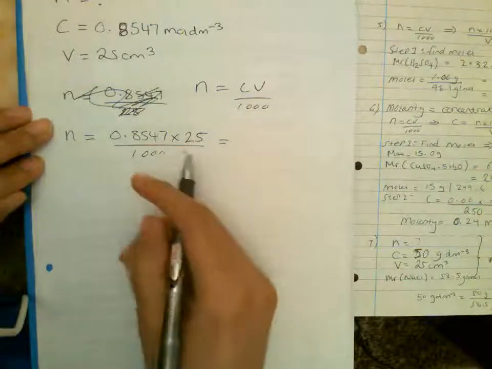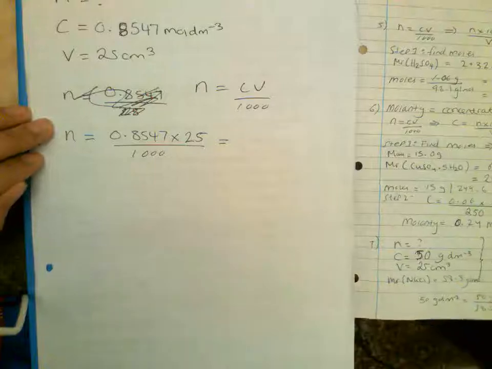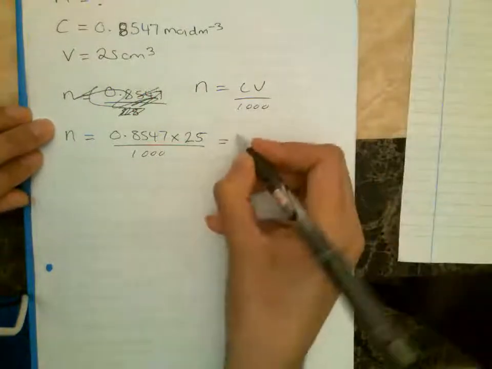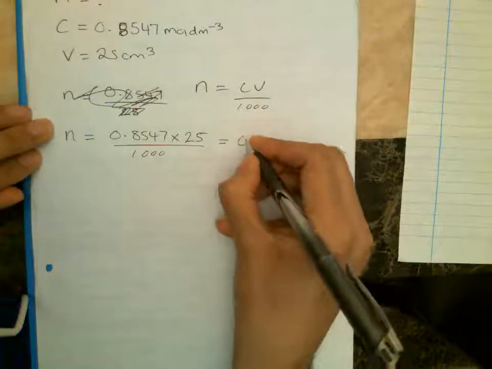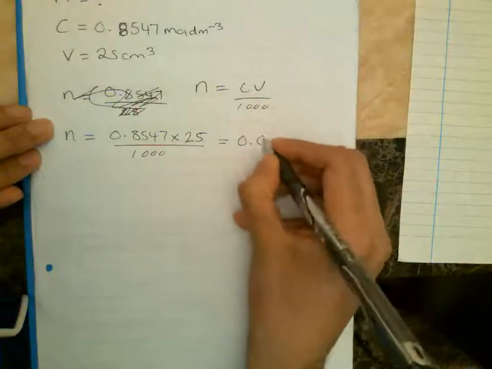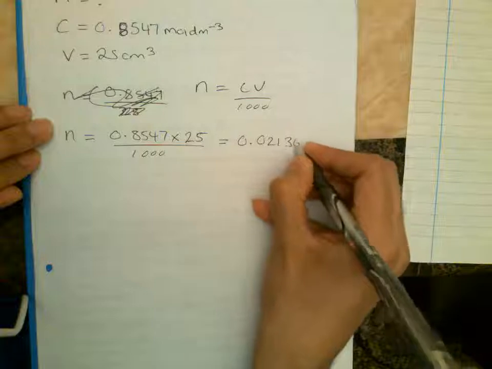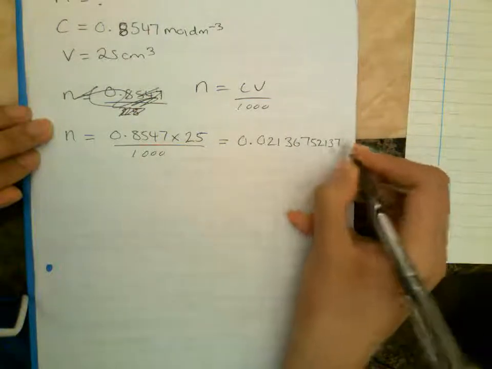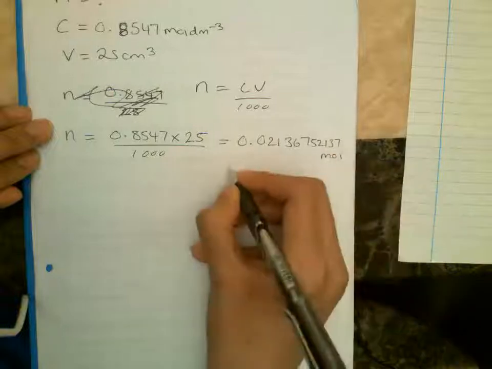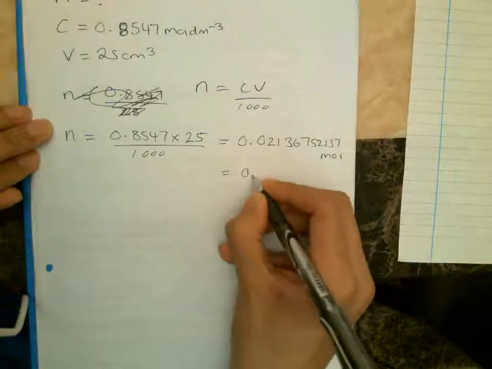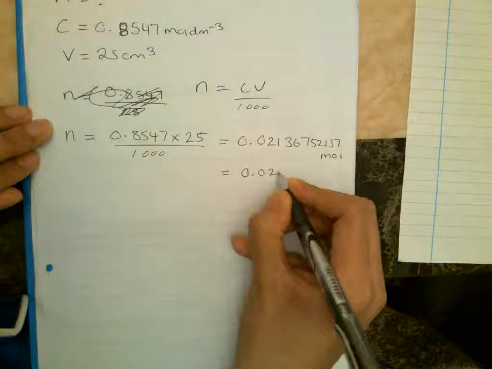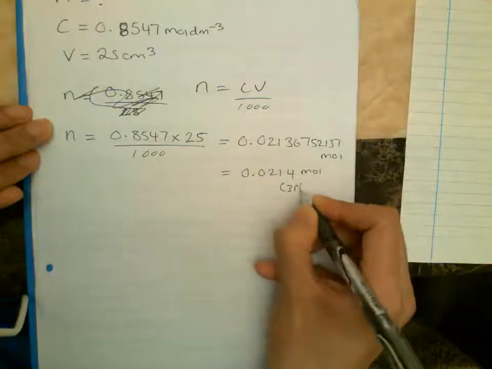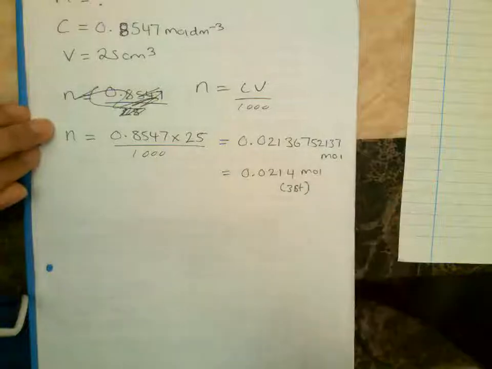And with that in mind, guys, we would get a value of 0.02136752137 mole. But we're going to give that to 3 significant figures, so it's going to be 0.0214 moles to 3 significant figures.